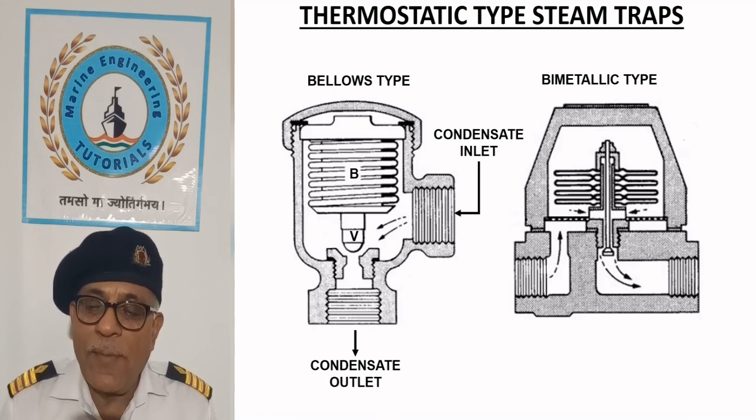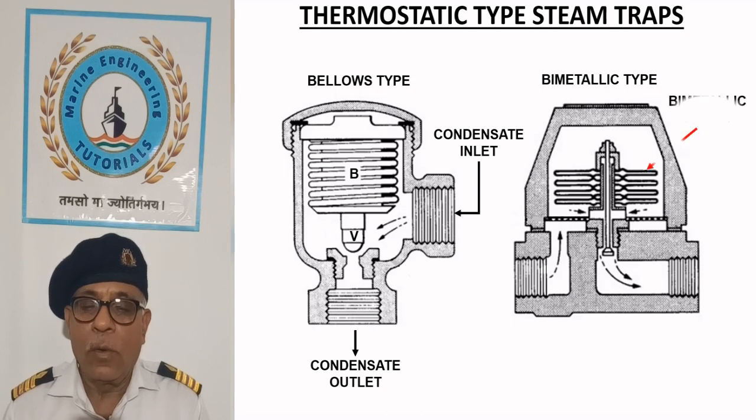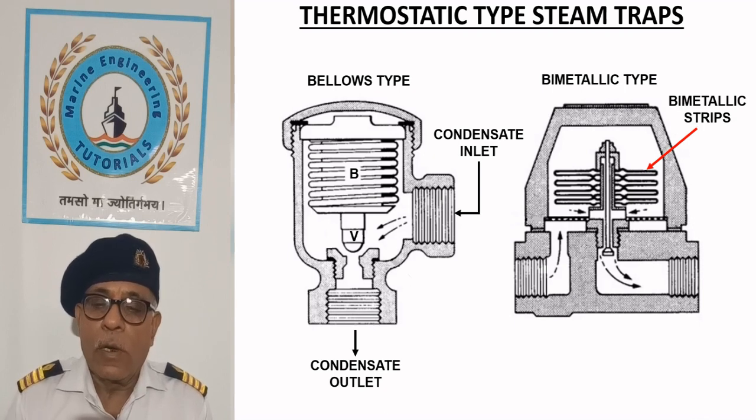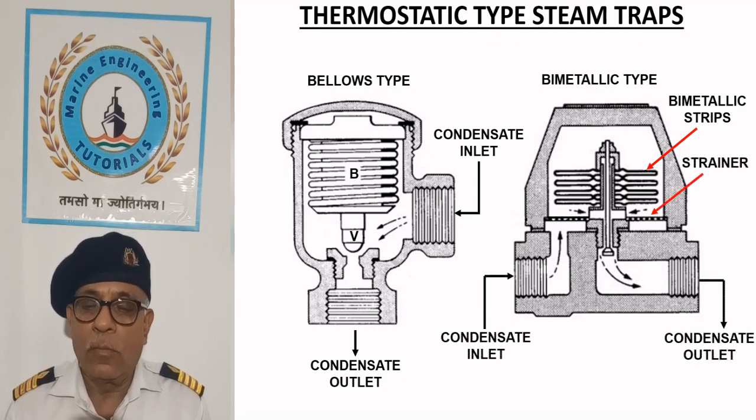Figure shows a bimetallic type steam trap which uses the expansion of bimetallic strip to close the valve. It consists of bimetallic strip attached to the valve through the spindle.